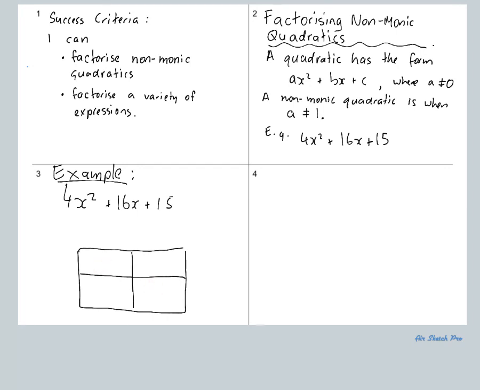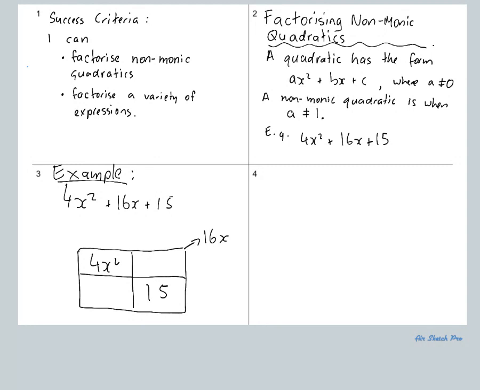So in the top corner, I put my squared term in, and in the bottom corner, I put my 15 in. Now, what we know is that we need to find two numbers that will multiply together to give me 4x squared. So that times that equals that. And we need to find two numbers that will multiply together to give me 15. And when I add these diagonals together, I need to get 16x. That's straight factorization kind of logic.